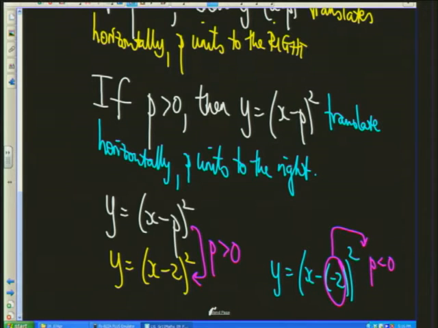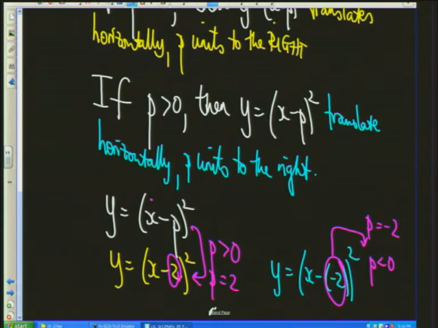So our formula is always written in the x minus p form, and whatever comes after the x minus will tell us what p is. So x minus, that value is p. P is 2 in this case, so p is equal to 2, whereas in this case p is negative and p is equal to negative 2.